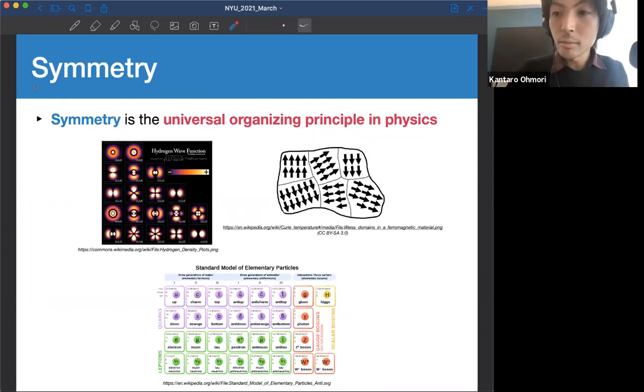The main theme of this talk will be symmetry. And symmetry is the universal organizing principle in physics. It appears in various places in various ways.